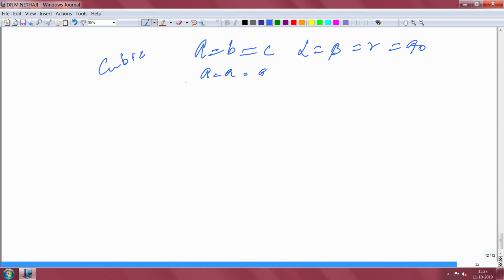So here a, b, c are indistinguishable. Now this is my a, this is my a, the perpendicular axis is also a. So that means you can construct a cube.